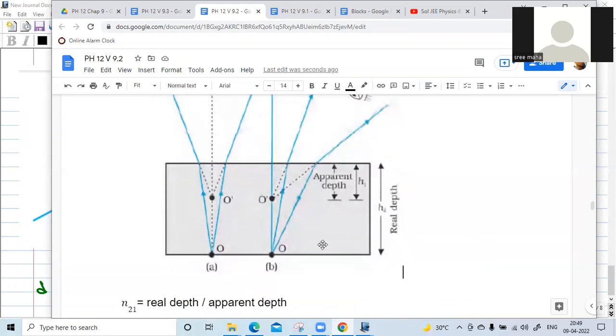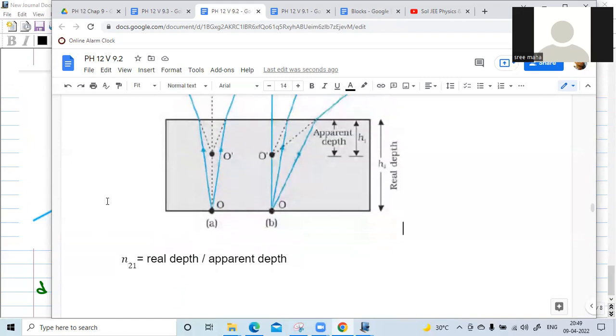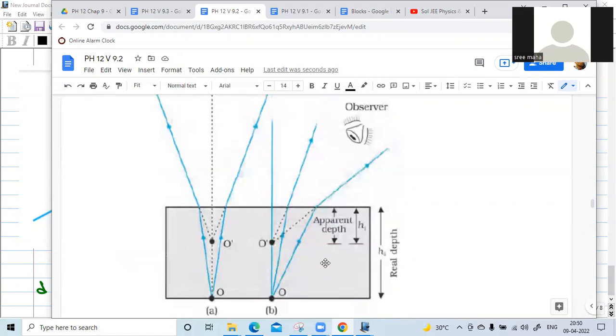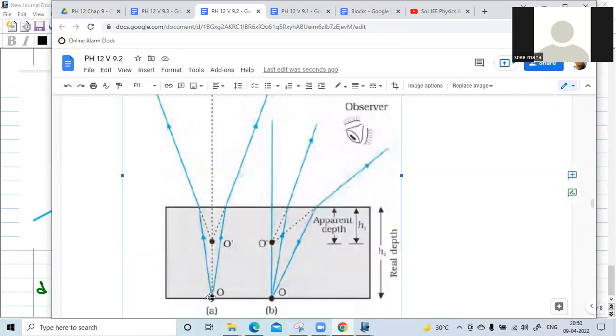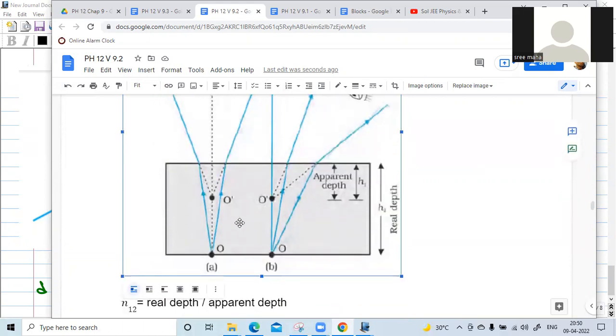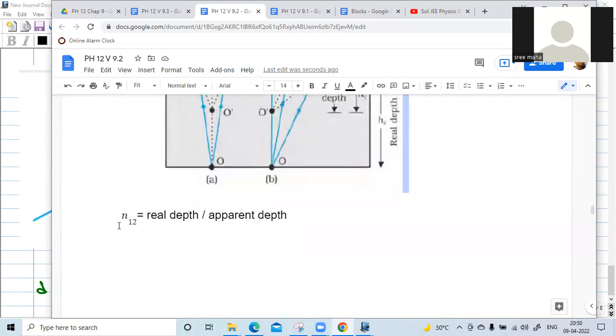See, the light is coming from here, right? If we take this as the first medium and this as the second medium, then refracting to the first medium, this is the second medium. Okay, that's fine. This is n 1 2. This is the first medium because light is going from here to outside. So this outside air is the second medium, and this water is the first medium. Okay, it's n 1 2 only.